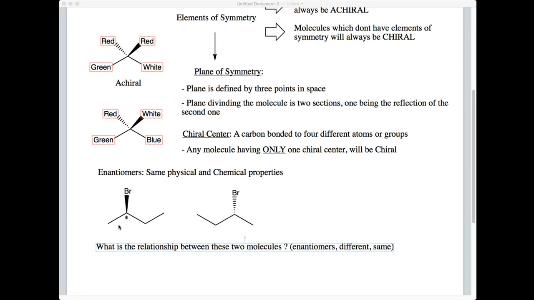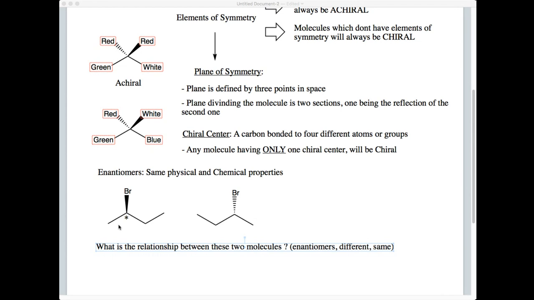All right, so this is the molecule, okay? Now look at what I'm gonna do. So I did a flip 180 degrees. When I flip 180 degrees, where was the bromine now?